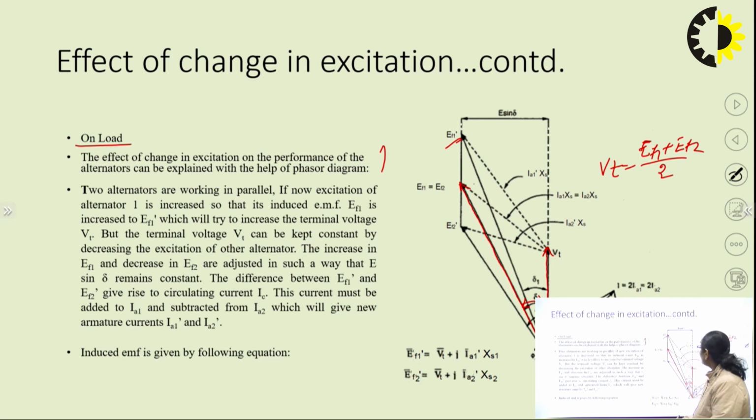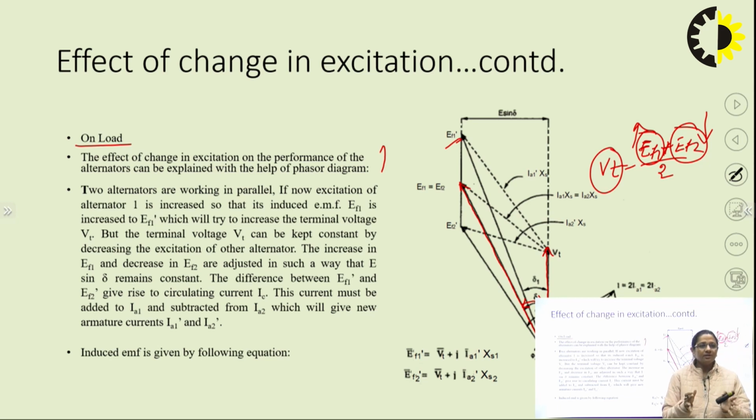So, to keep the terminal voltage constant, if there is an increment in EF1 to EF1 dash, we have to reduce the excitation EMF EF2. Because of this, the increment caused in the numerator of this equation by an increment in EF1 will get neutralized by a reduction in this, and the terminal voltage will remain constant.